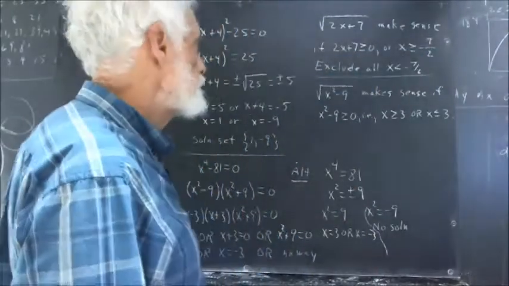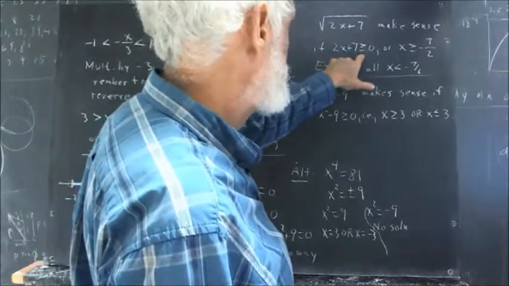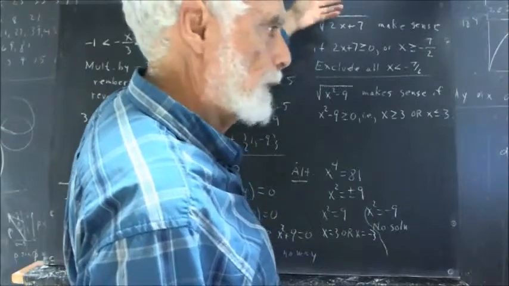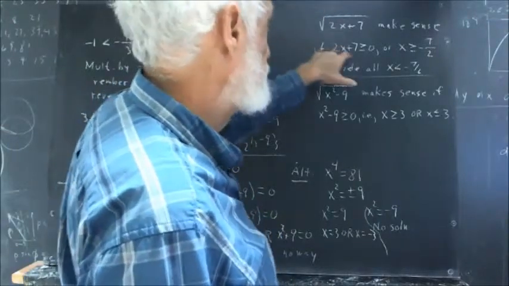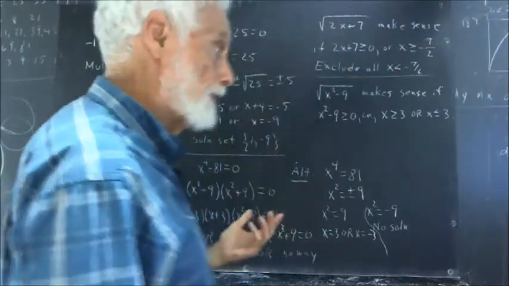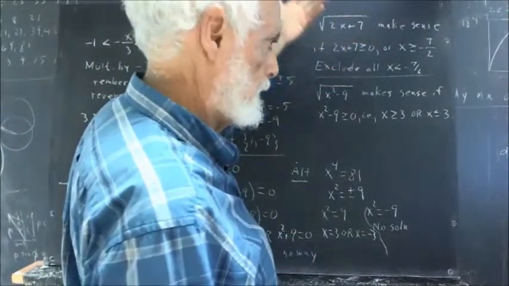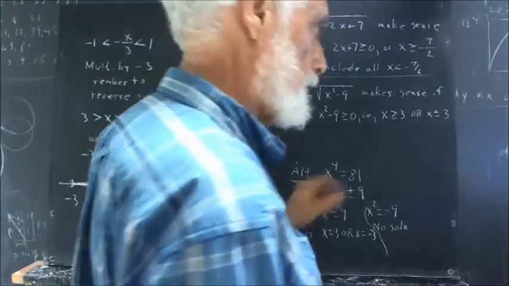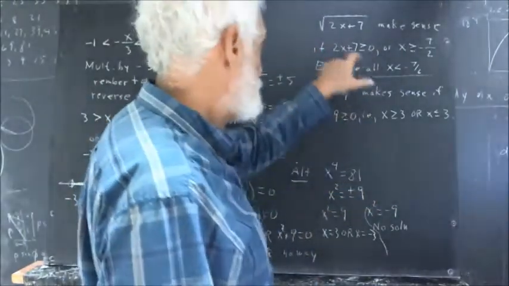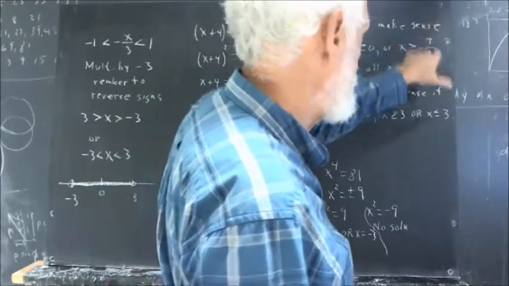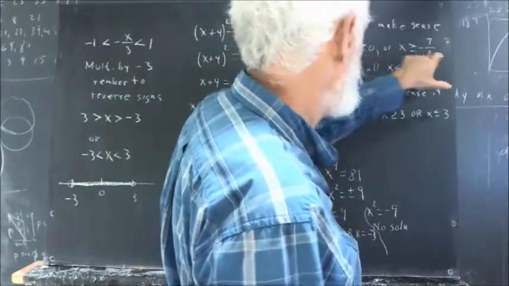Well, if 2x plus 7 is greater than or equal to 0, then we can take its square root. Otherwise, we can't, because otherwise 2x plus 7 would be less than 0. If 2x plus 7 is less than 0, we have a negative here, and we can't take its square root, at least not over real numbers. Well, 2x plus 7 greater than or equal to 0 tells us x is greater than or equal to negative 7 halves. So all these values are good.